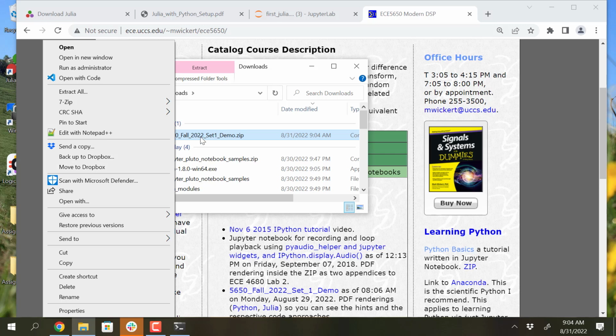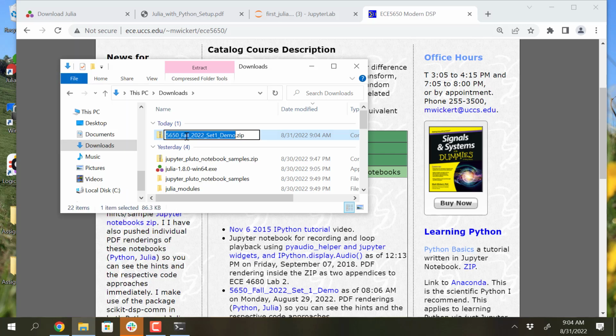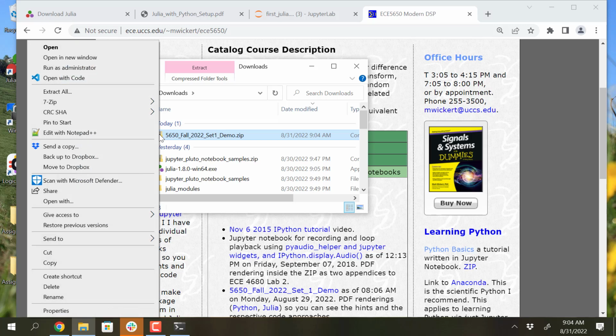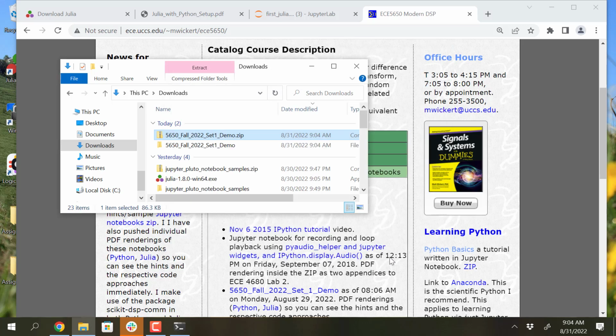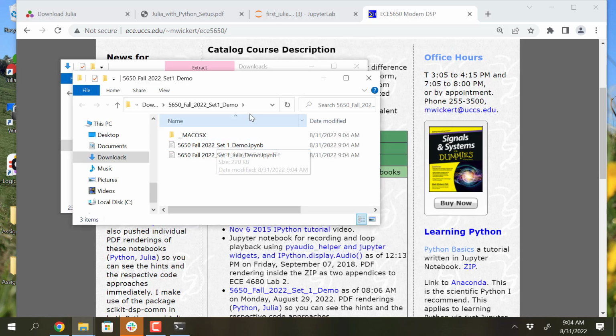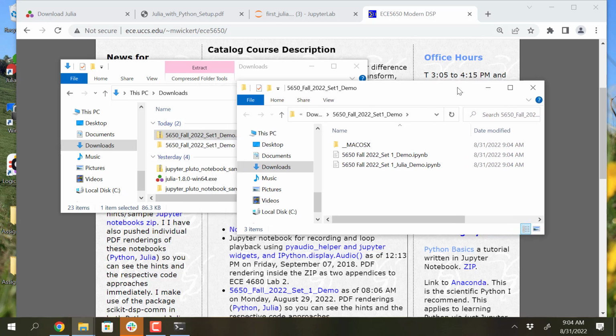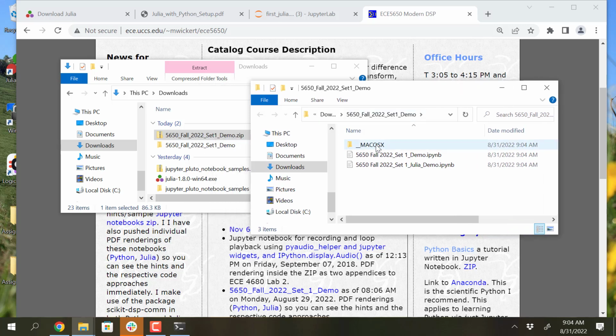Let's see. Do an extract all, and you'll always know if I did it on a Windows machine or my MacBook, because you'll see that little extra folder in there all the time saying that I zipped it up on my Macintosh. Ignore it, it doesn't mean anything.